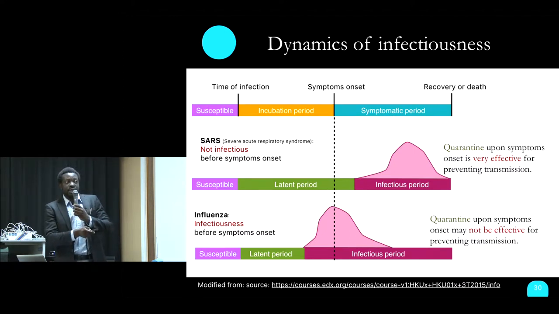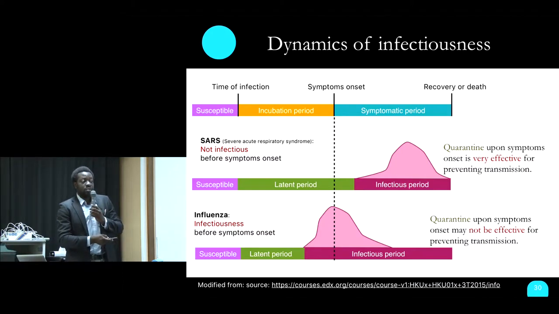This means that if we isolate people or we implement a quarantine, it is more likely to be very effective because you become infectious after you have the symptoms. However, when it comes to influenza, for example, generally people become infectious before the onset of symptoms.